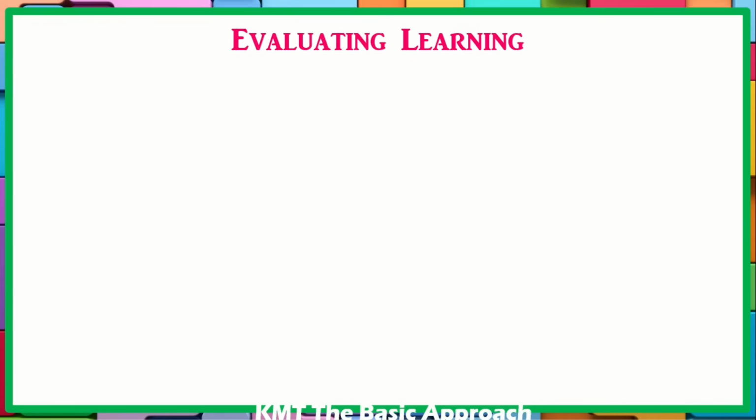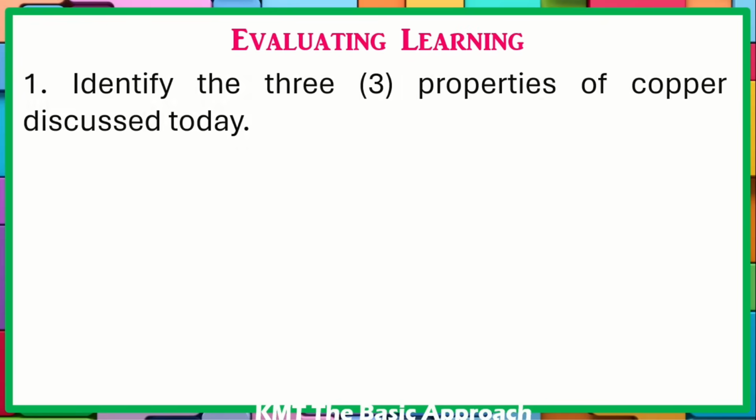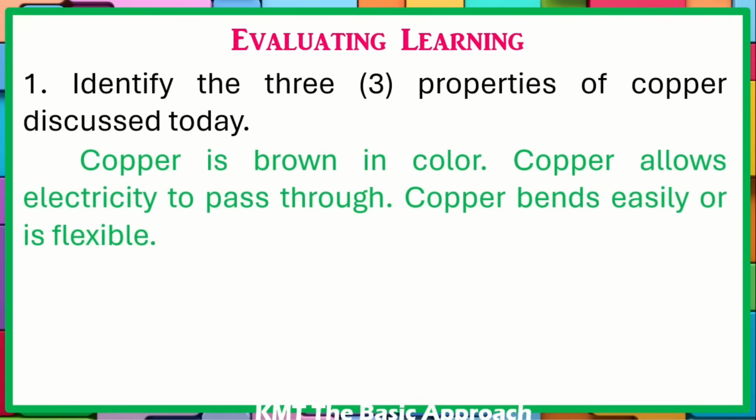Evaluating learning. Number 1. Identify the 3 properties of copper discussed today. Good job! Copper is brown in color. Copper allows electricity to pass through.